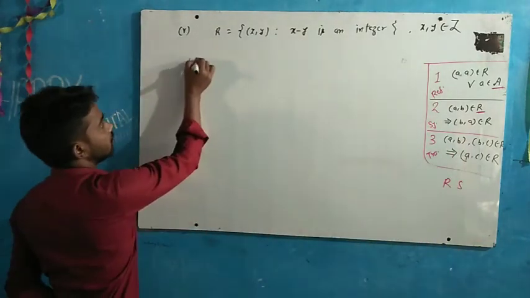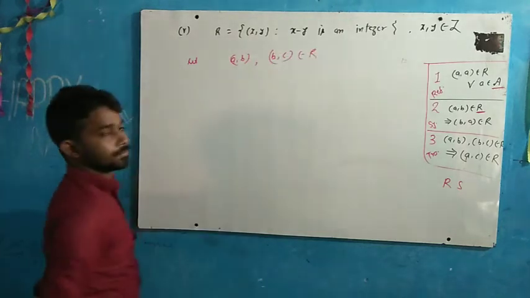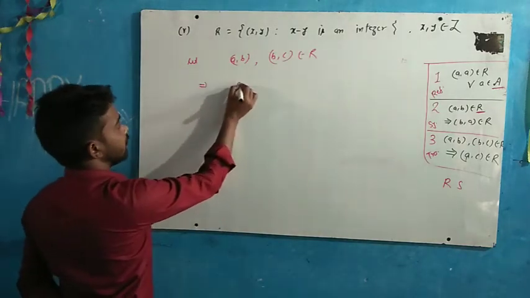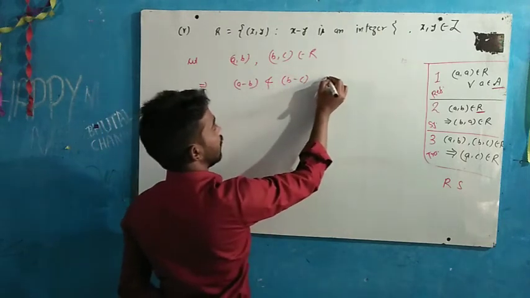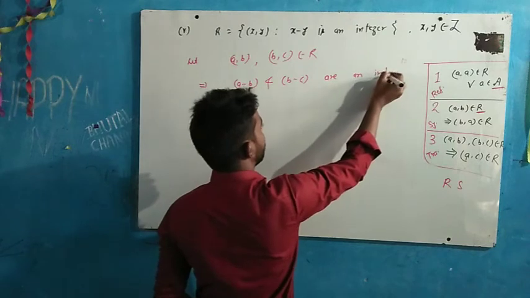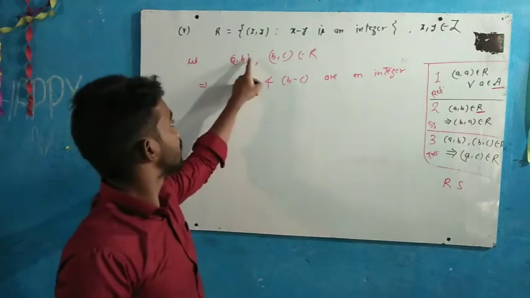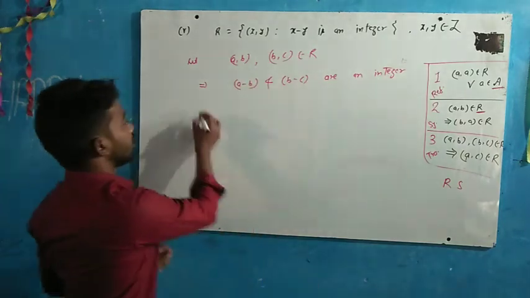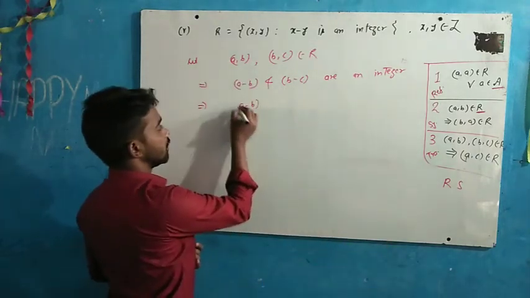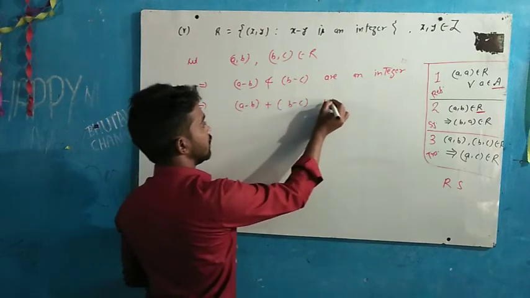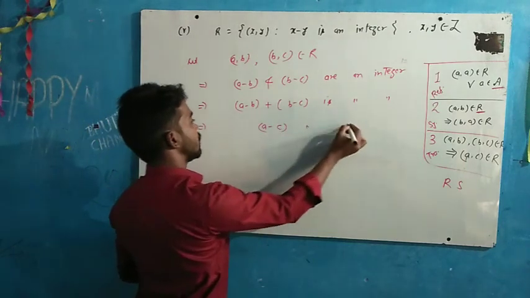Now let (a, b) and (b, c) belong to R. So (a, b) belongs to R, it means a minus b and b minus c are both integers, because both ordered pairs lie in R. Clear? And we know very well the sum of any two integers is again an integer. So we can say the sum (a minus b) plus (b minus c) is an integer, and we get a minus c is an integer.